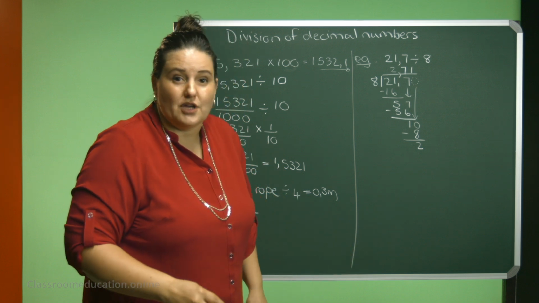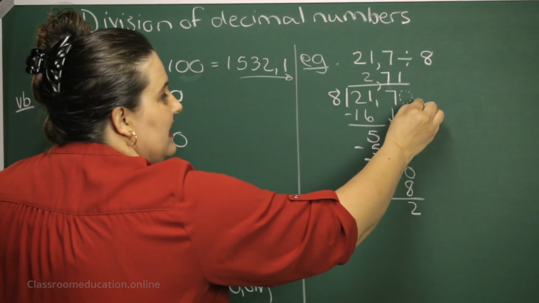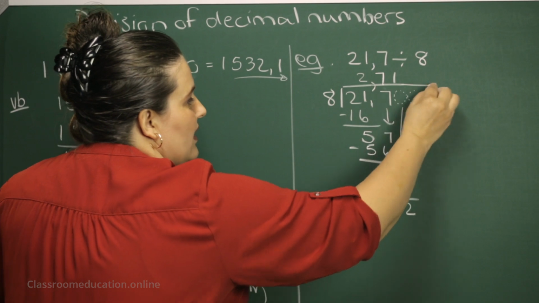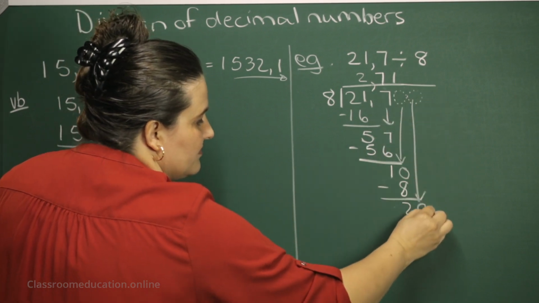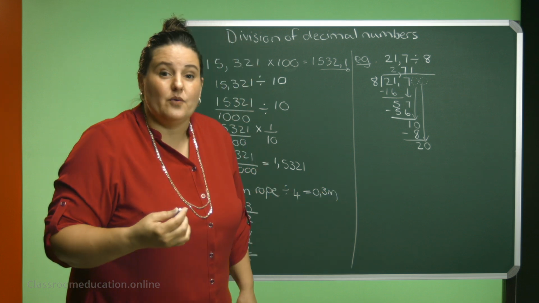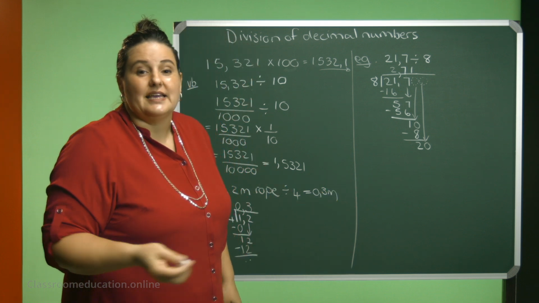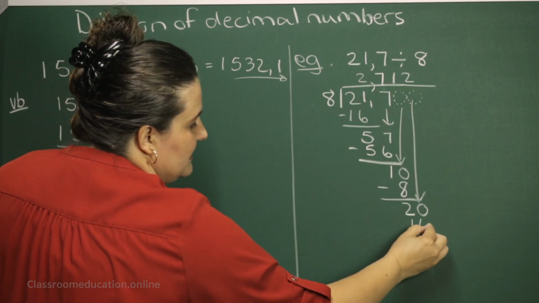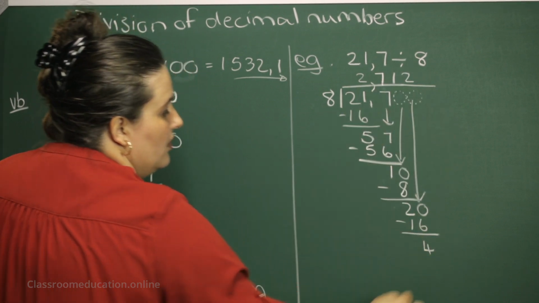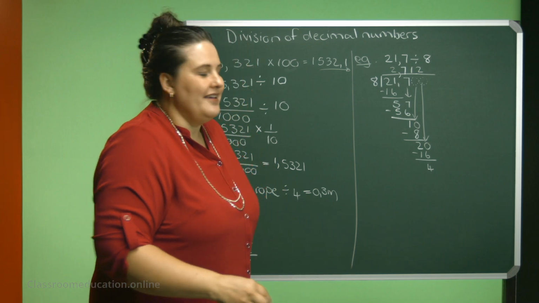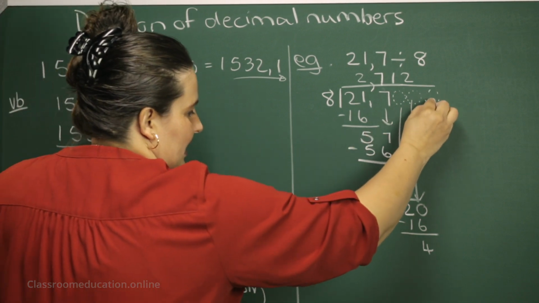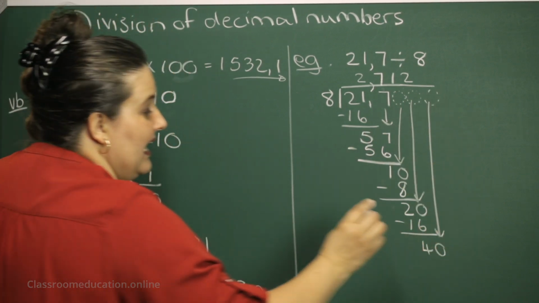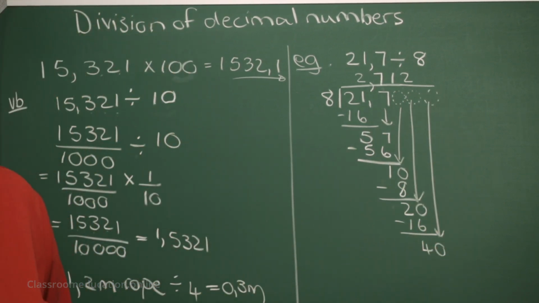Again, you cannot stop there. So I'm creating another place value there, the 0. Bring it down. Can 8 go into 20? Yes, 2 times. 2 times 8 is 16. Get the difference. It's 4. Cannot stop there. So I'm making another 0 there and bring it down. Can 8 go into 40?